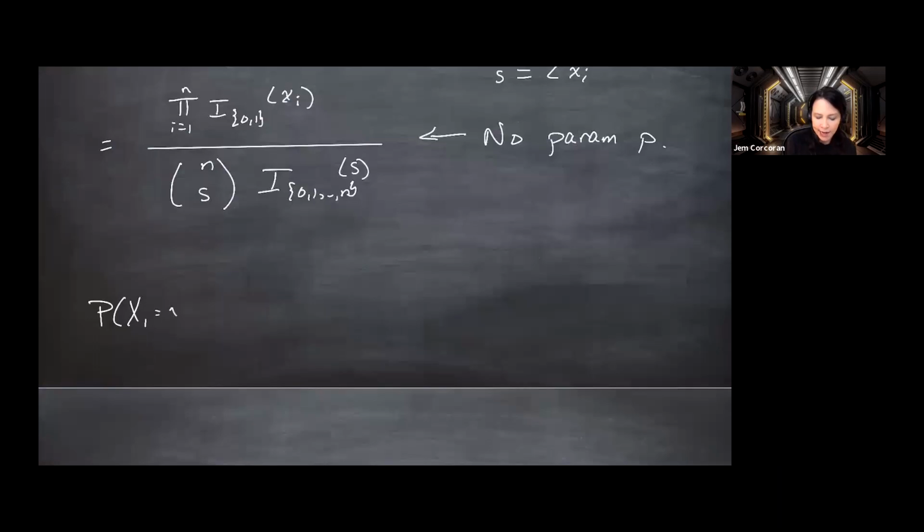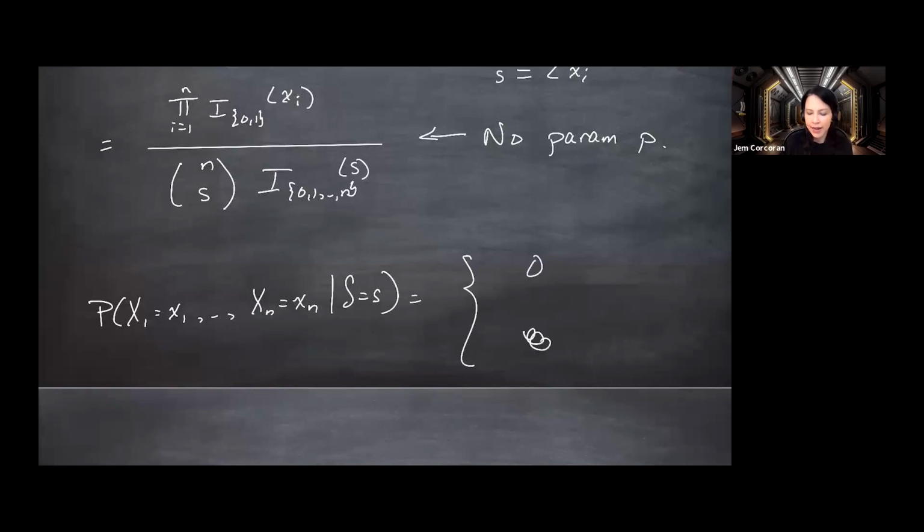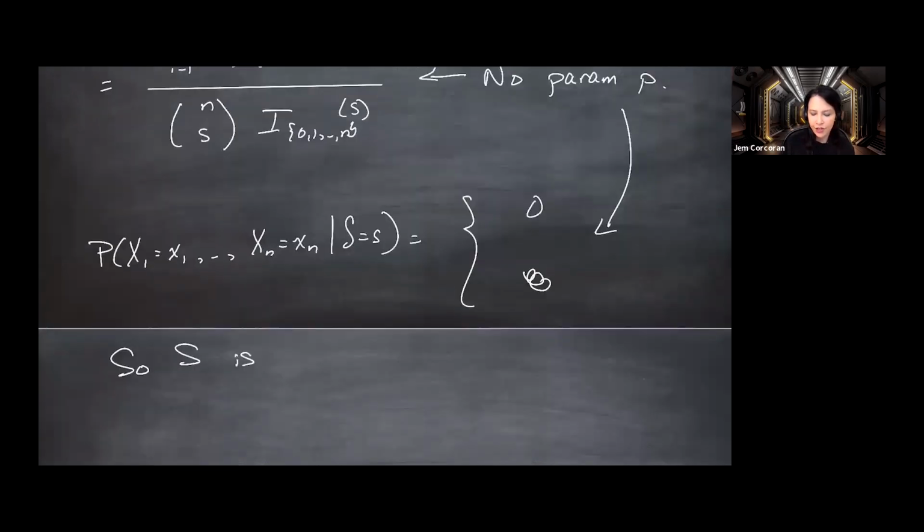Like the final recap would be this guy given this guy is equal to 0 in one case, and it's equal to this other thing in another case, and then you say there is no parameter p. So yes, S is sufficient. I like to just say for the model.